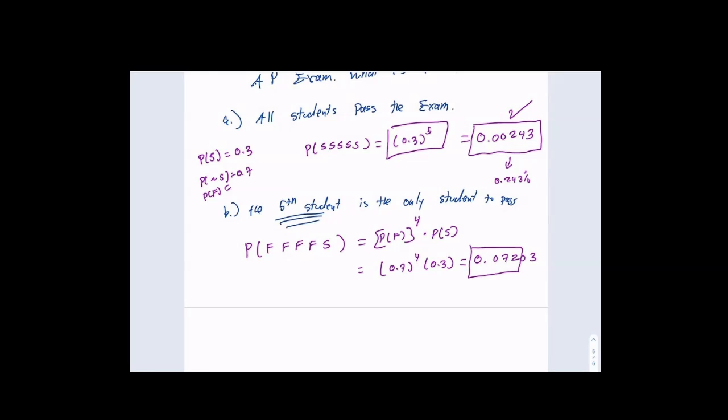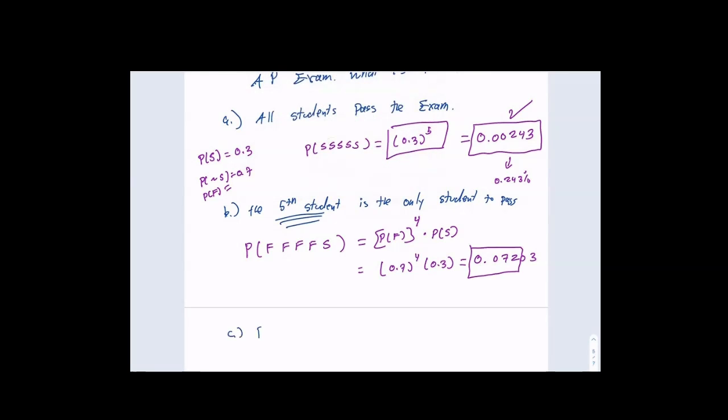I could accept 0.07, but I like to at least see 2 numbers that are not 0 in my answer. That's just more of a preference. So now I want to point out this is specifically that the 5th student passed. I'm not asking you what's the probability that only 1 student passed. That's going to be coming from a later date. All right. I'm asking you for that 5th instance only. So I'm looking for a specific outcome.